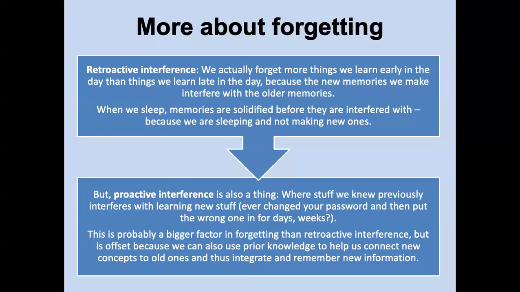So there's various kinds of interference. Retroactive interference is the type where the things that happen later interfere with remembering the things that happened earlier. So if you have an 8 a.m. class, and then you have an 8 p.m. class, first of all, very long day for you. I'm so sorry.